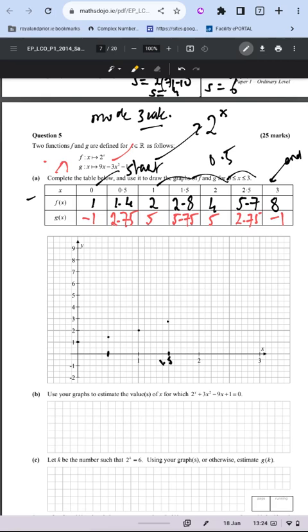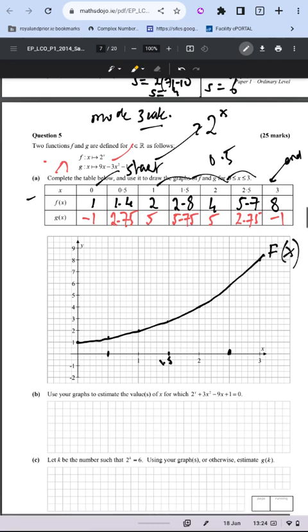I'm rushing this. 2 and 4. 2.5 and 5.7. 3 and 8. So we're not getting them exact or anything, but each box is worth a half. Join them up in a nice smooth curve. That's my exponential curve, my function f of x.